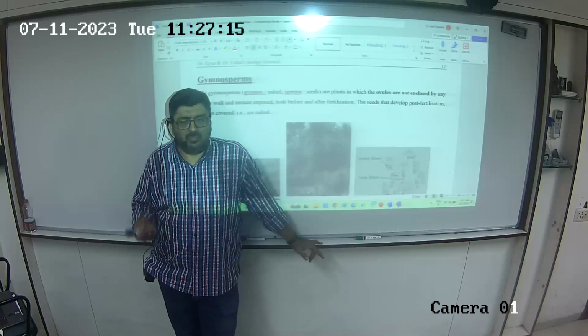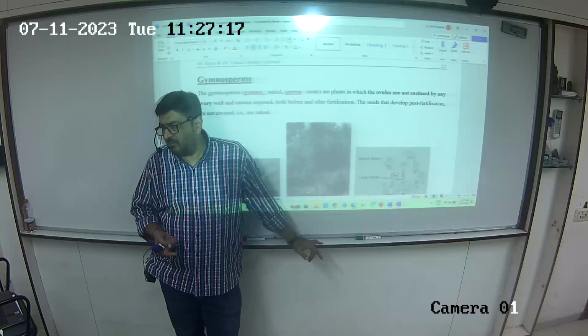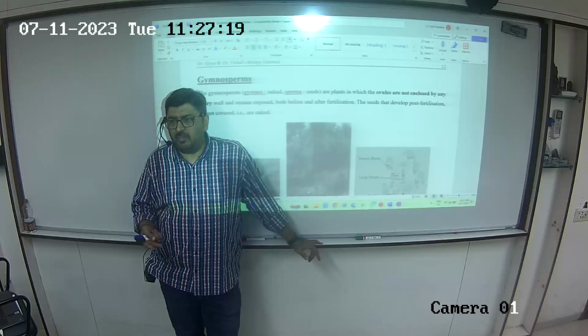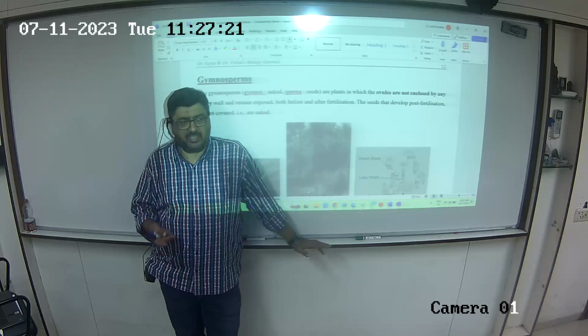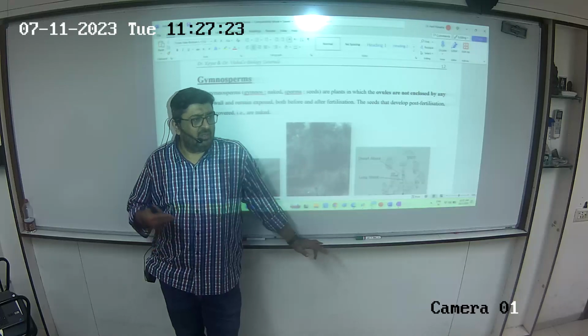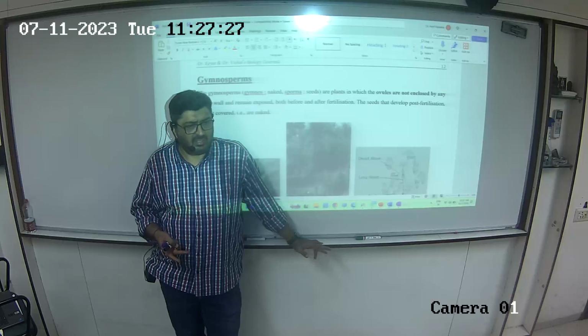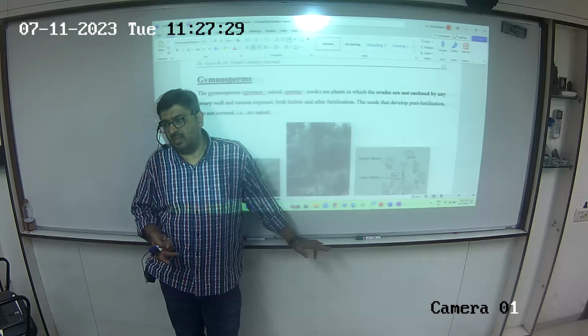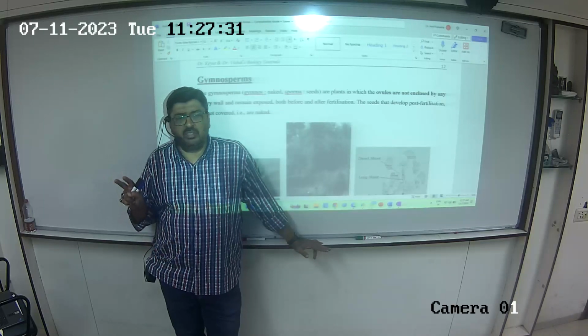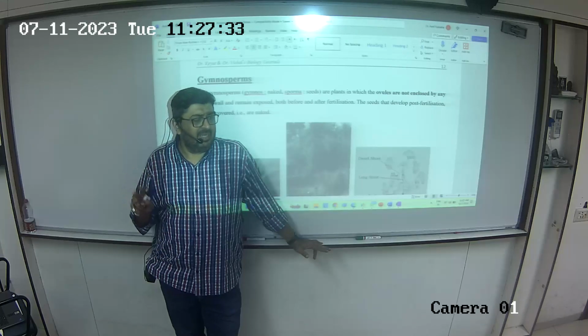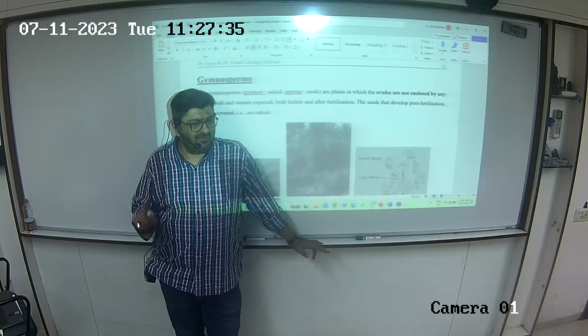These spores will germinate to form the gametophyte. Gametophyte will produce the sex organs, the gametangia. These sex organs will produce gametes, and these gametes will fuse to form the sporophyte again. So the two important processes in this entire life cycle are meiosis and fertilization.